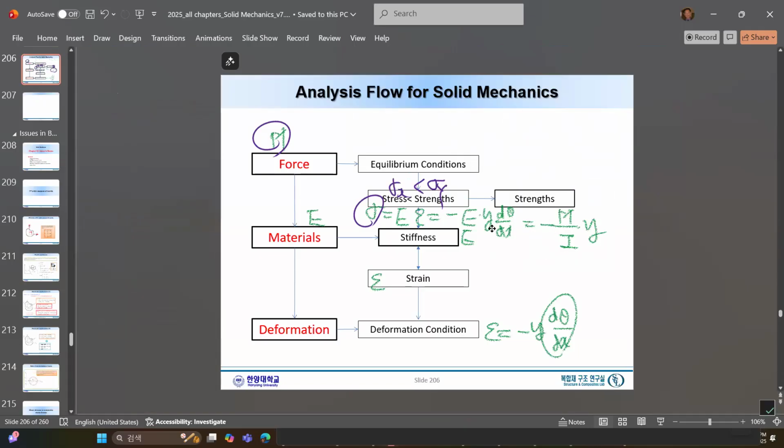See, this one, let's compare what we have done.